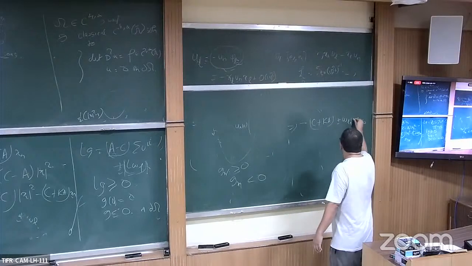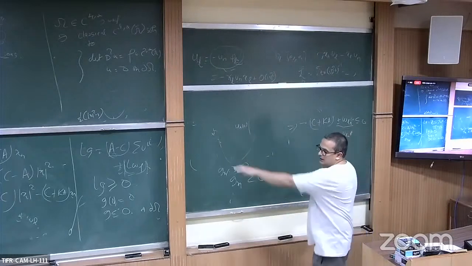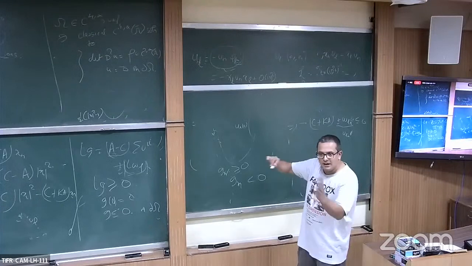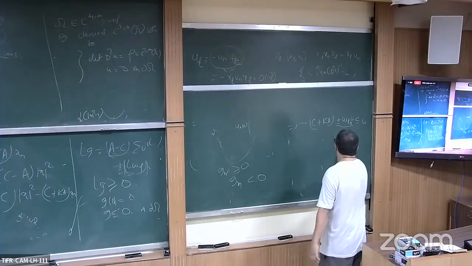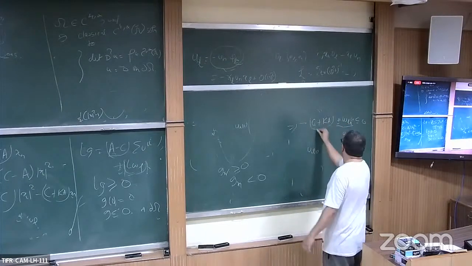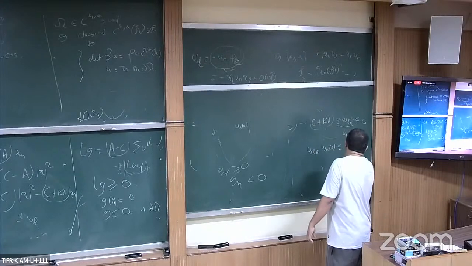But W alpha n at 0 is exactly equal to u_ln at 0, because if you look at the definition of W alpha n, if you put xi and x_n equal to 0, this is the only thing that survives. And this gives you a bound on u_ln, because you can take the plus minus to the other side, and you get that u_ln at 0 is less than or equal to C plus A.